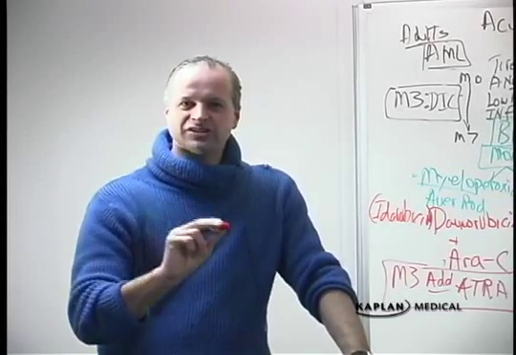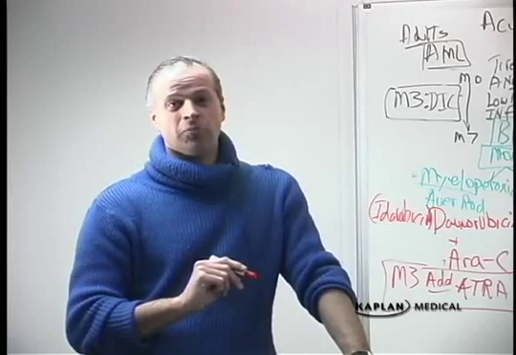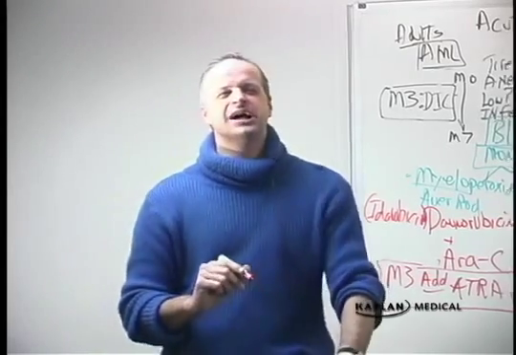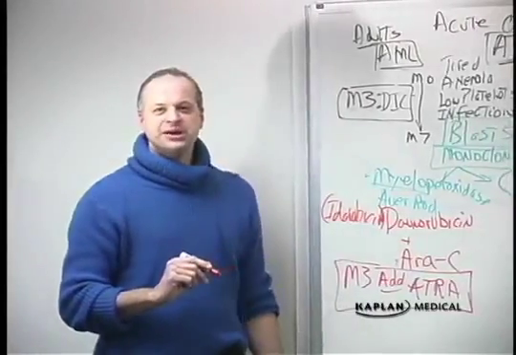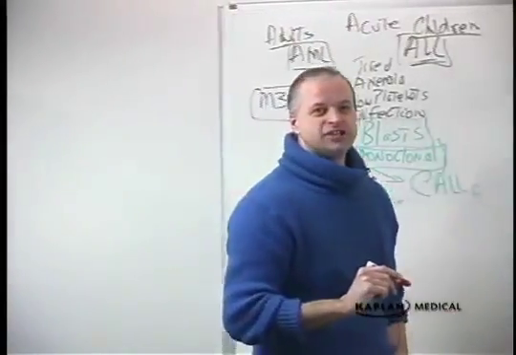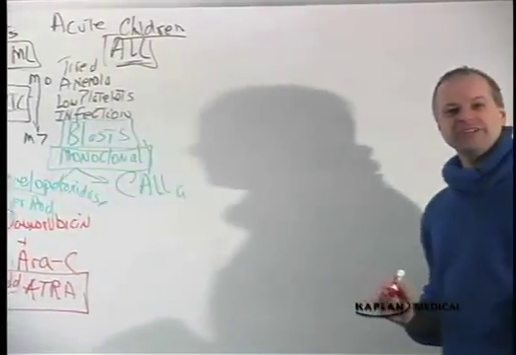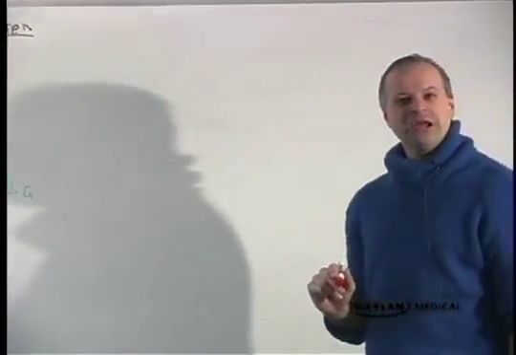What's a promyelocyte, or any blast? They are immature cells that never grow up, they don't get a job, they don't go to work, they don't kill bacteria, they don't leave their mother's house in the bone marrow.